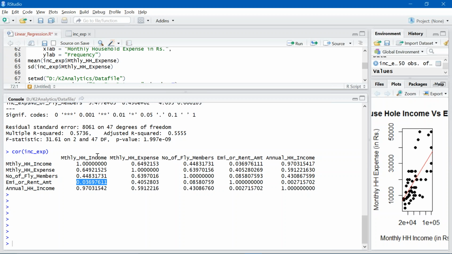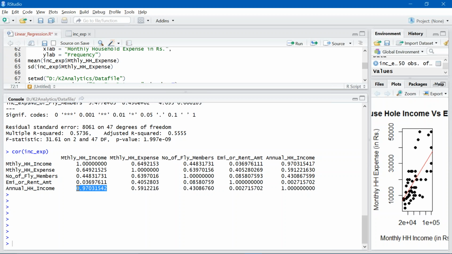So it's showing 0.03, which means people taking a house on loan or not is nowhere a function of income. So it has to be interpreted from that perspective. It should not be said that EMI is equal to 0.03 times income. That is not what it is trying to say.